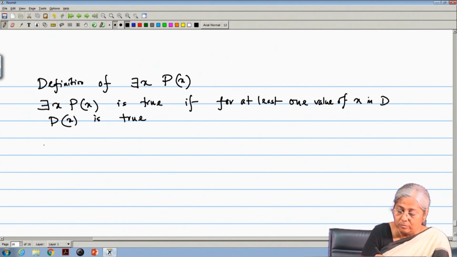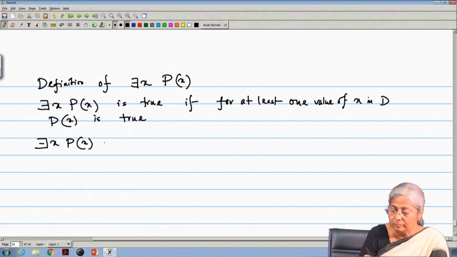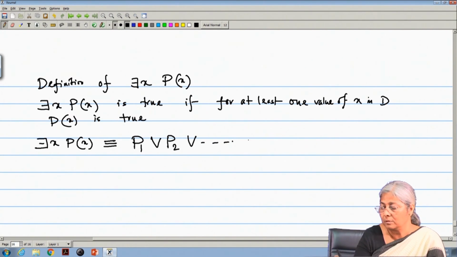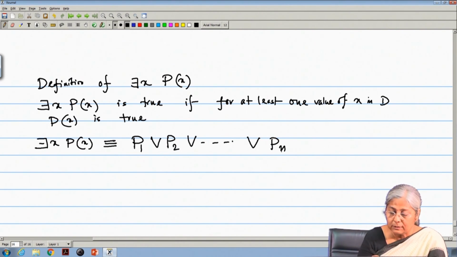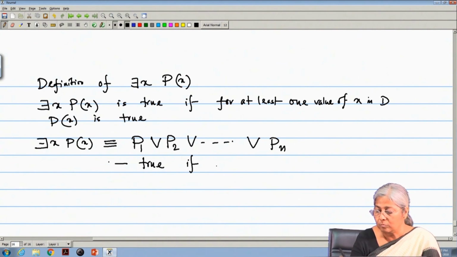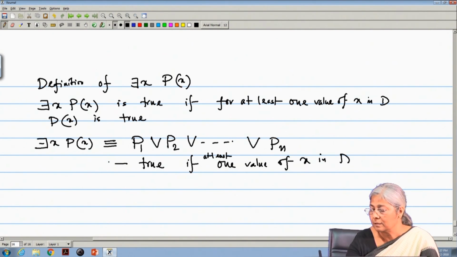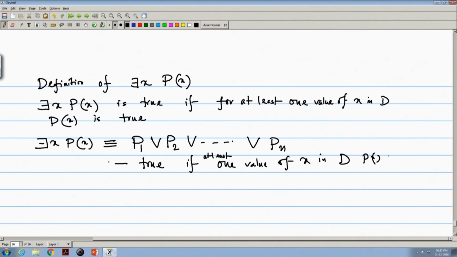And so I can write this as P1 or P2 or Pn, since we know that it is true if at least one value of x in D makes P(x) true, that means one Pi is true.